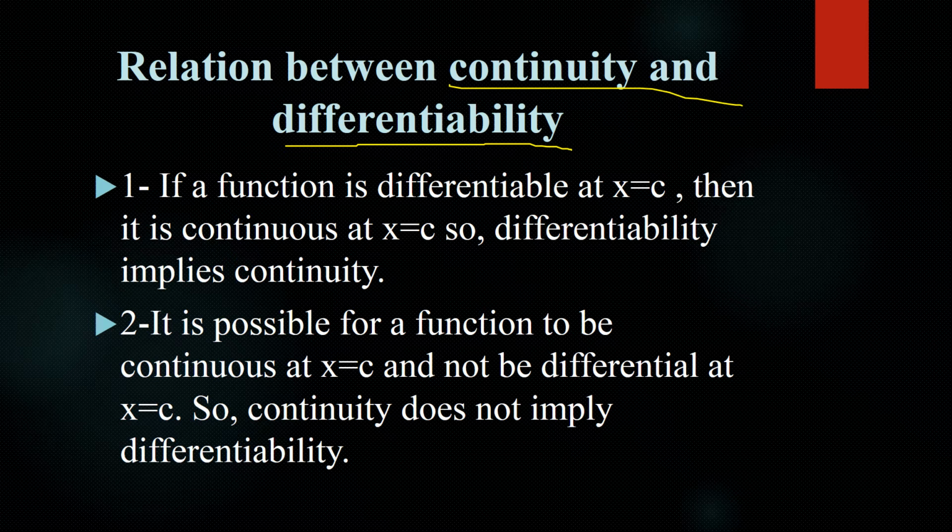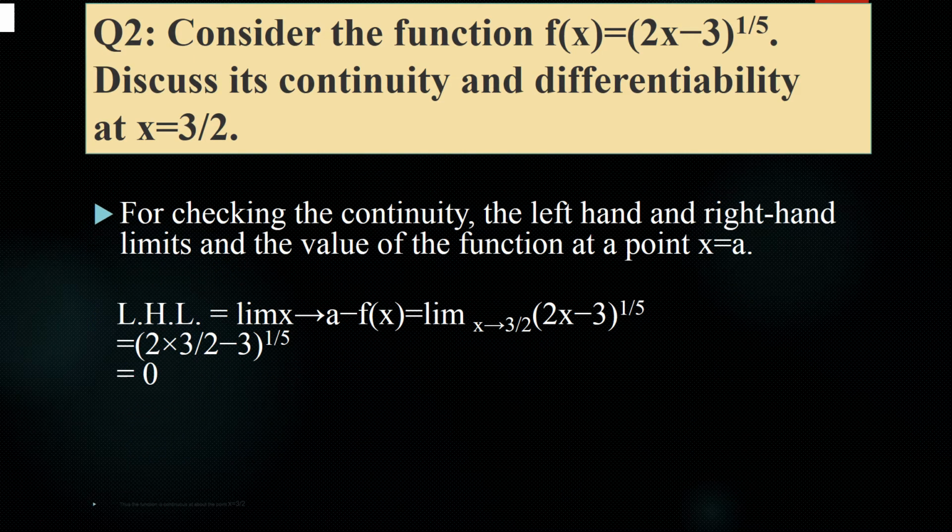So let's take an example now. Here we consider a function f x equals to (2x minus 3) power 1 by 5, at the point x equals to 3 by 2. For checking continuity, the left hand limit, the right hand limit and the value of the function at x equals to a must be equal. If these values are not equal, then the function is not continuous at the given point. Firstly we take LHL.